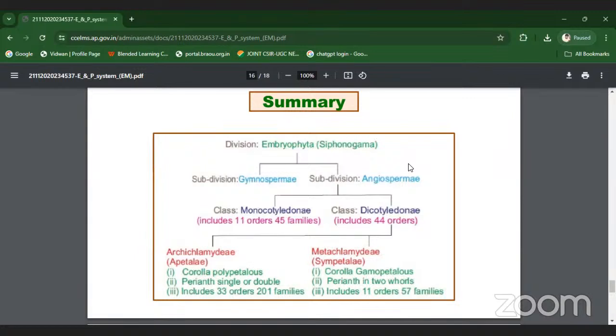So this is also one of the phylogenetic classifications. Let's see some of the merits and demerits of Hutchinson. The system is based on considerable knowledge of phylogeny, on phylogeny principle, okay.